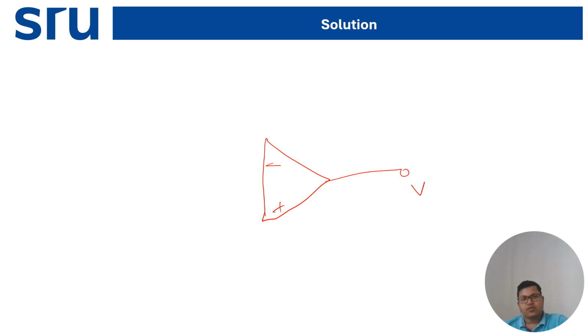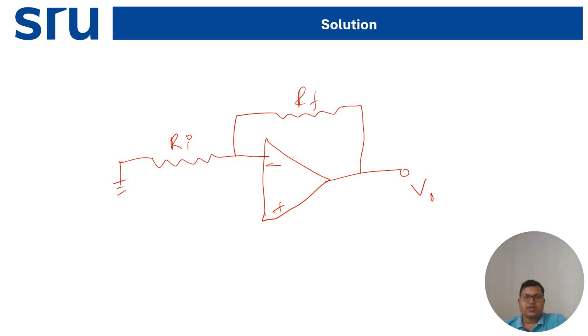We will get the output from here, and because this will be connected to the inverting part, this is our input, and this end will be grounded. We will connect the feedback resistor, which will decide the gain of the amplifier. Because this is an inverting amplifier, the gain will be set differently.